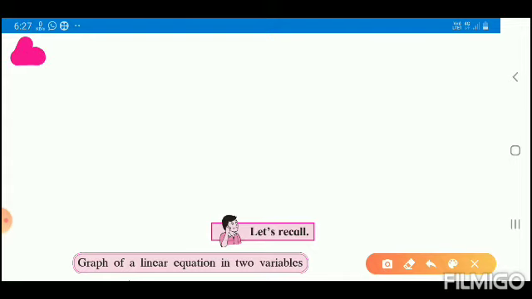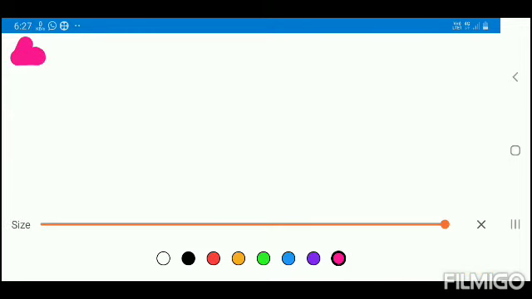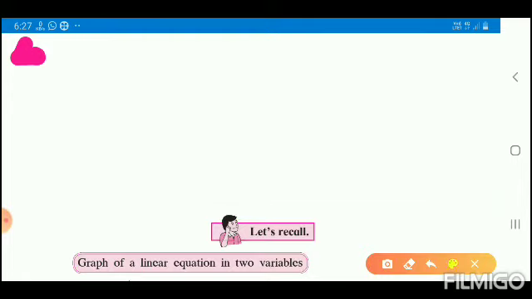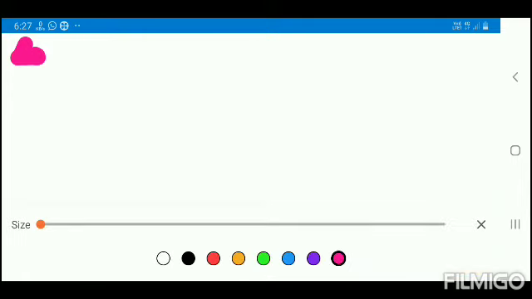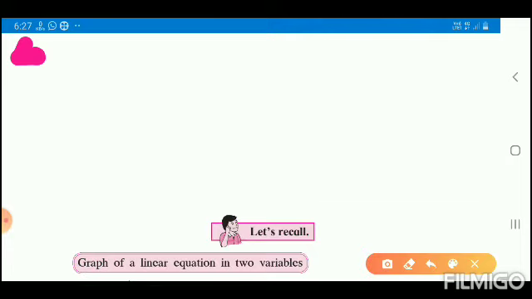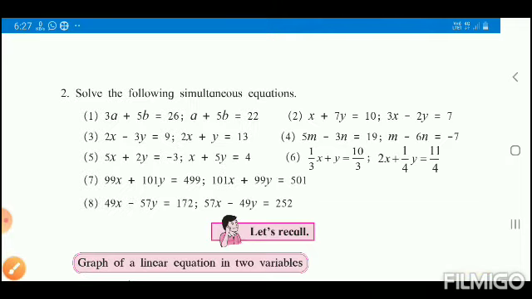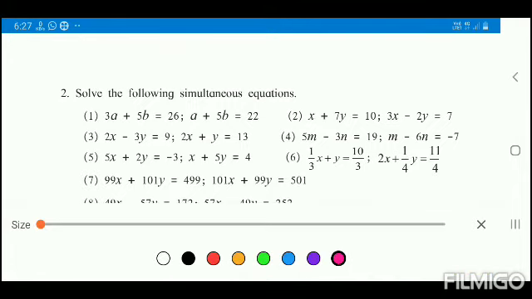49x. Okay, again I have to make the place here.